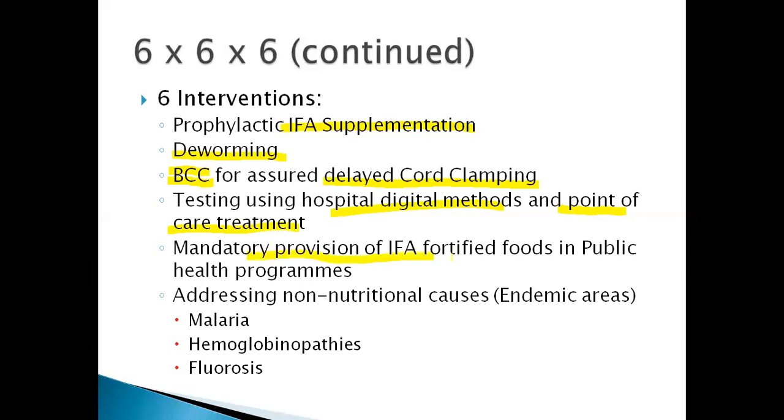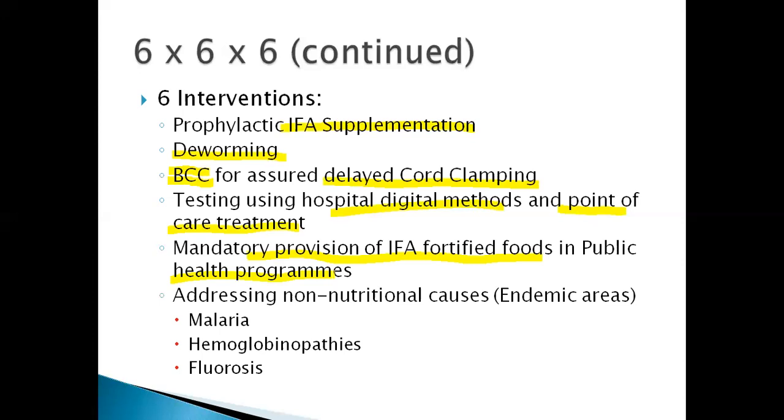Then, mandatory provision of IFA fortified foods in public health programs. Now, this is also very important. You are going to do BCC to improve the iron content and quality of the domestic foods of the population. Obviously, before you tell them to improve the iron and folic acid quality, the places where you are distributing foods should be very much fortified in iron and folic acid.